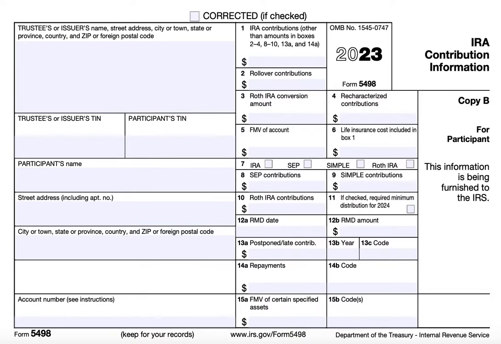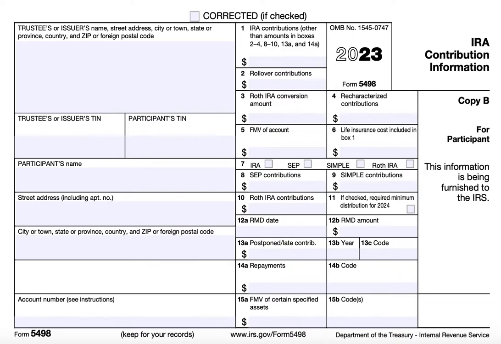In boxes 8 and 9, these are contributions that you made either to a SEP IRA in 8 or a SIMPLE IRA in box 9 during the year. This could also include, for tax year 2023, contributions that you made in calendar year 2023 for tax year 2022.